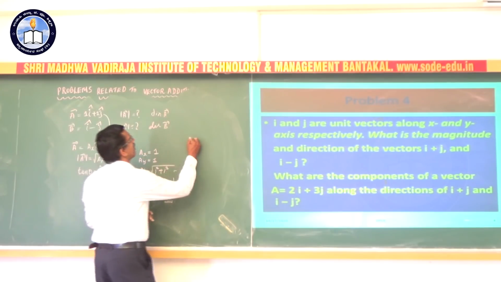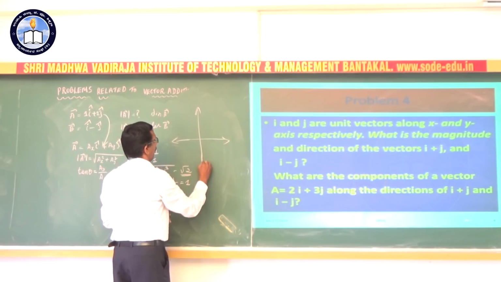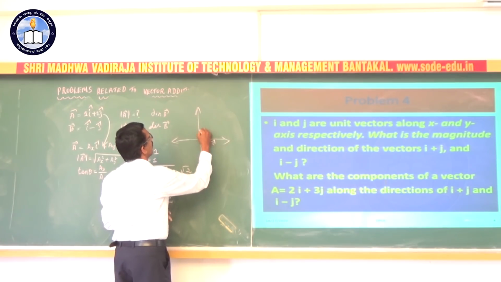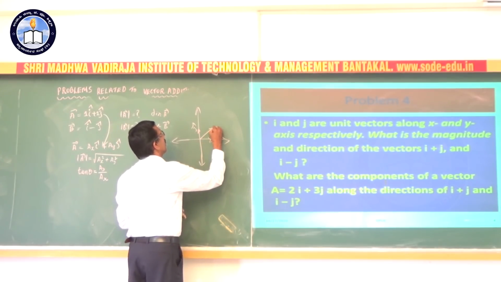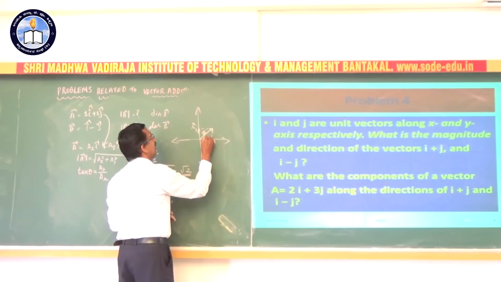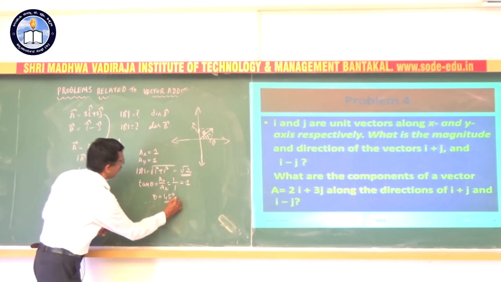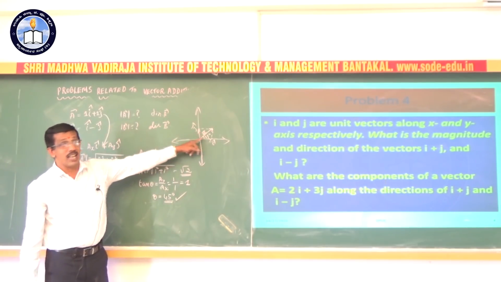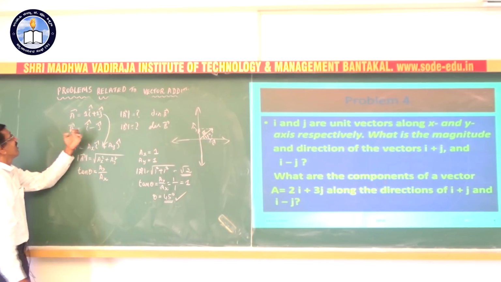Say this is the xy plane, this is i cap, j cap, and i plus j cap will be like this. This is root 2, and this angle is 45 degree. So this gives the direction of the first vector i plus j.